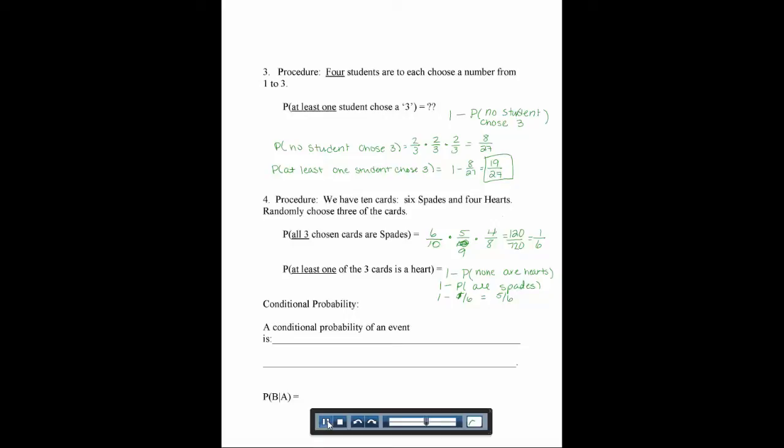Okay, now we also want to talk about conditional probability. And a conditional probability of an event is a probability obtained with additional information that some other event has already occurred.